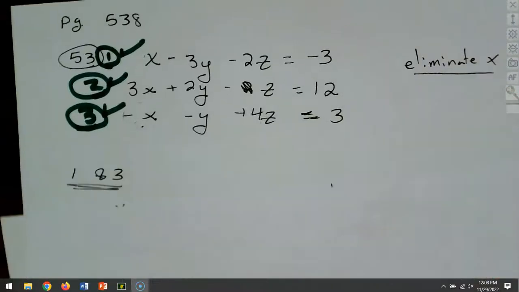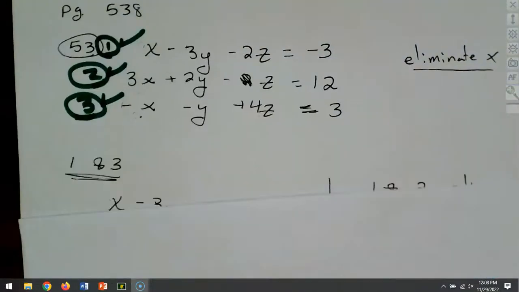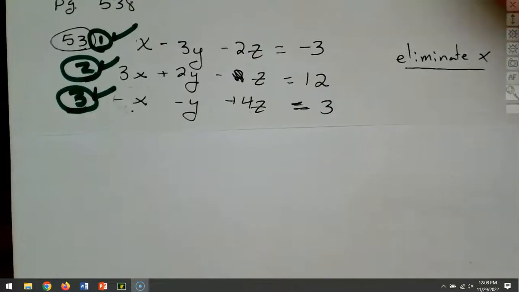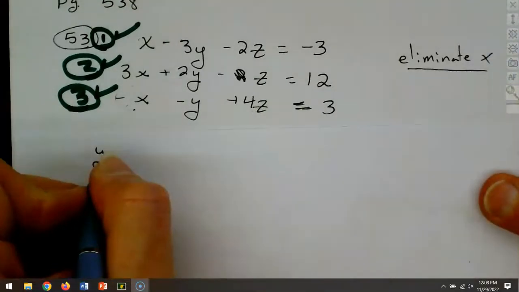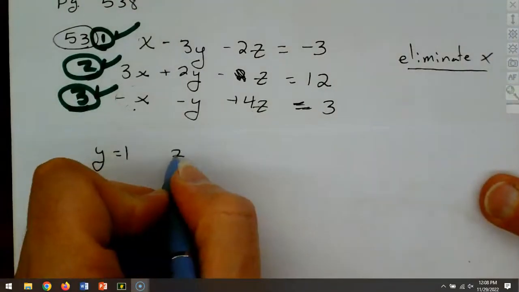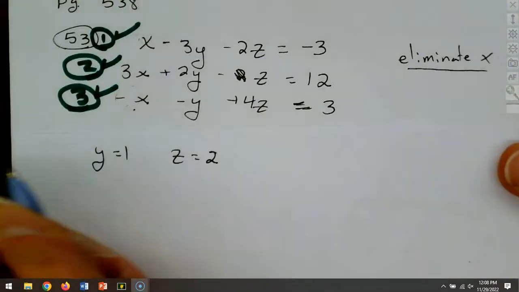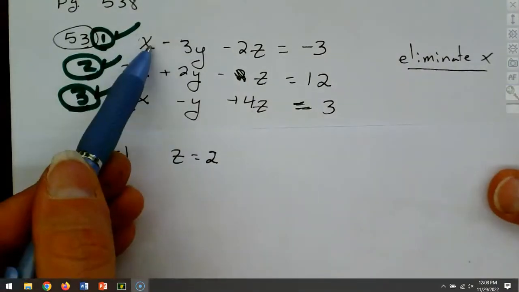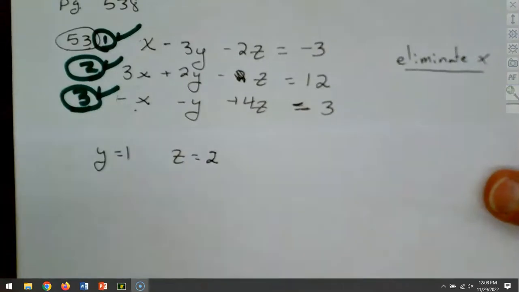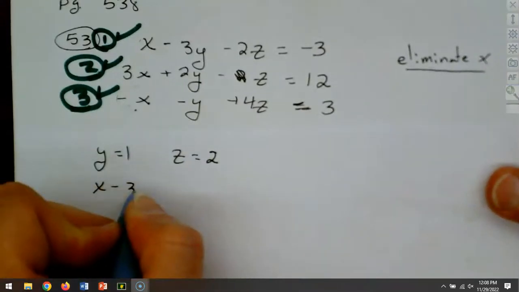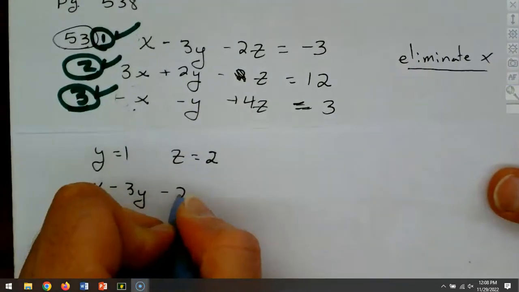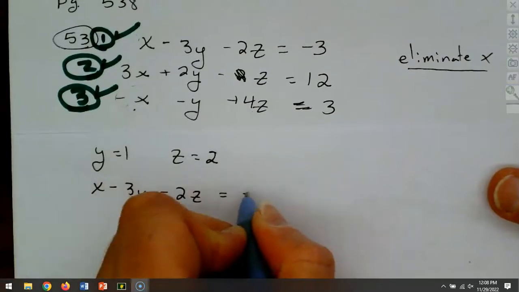What do we know? Okay, we know that y is 1, z is 2. So I'm going to plug those in. Doesn't matter which equation. So I've got x minus 3y minus 2z equals minus 3.